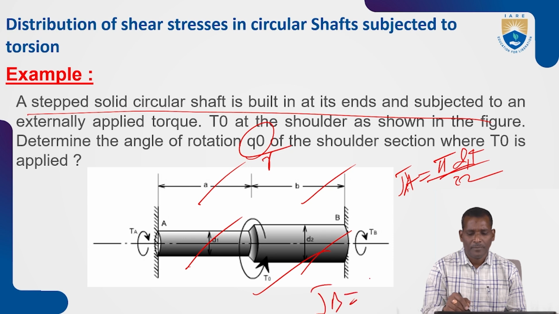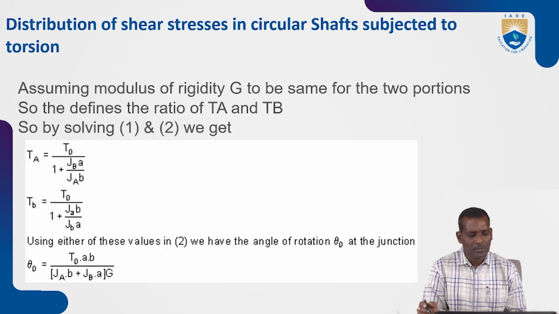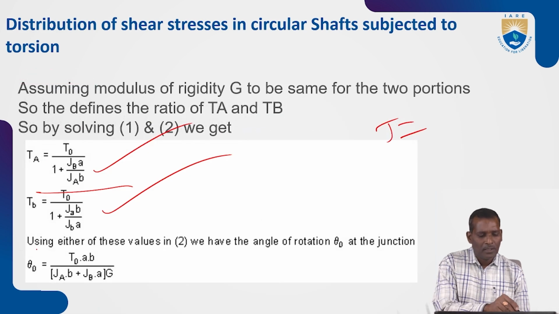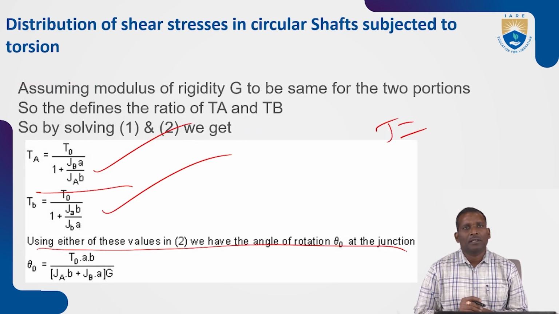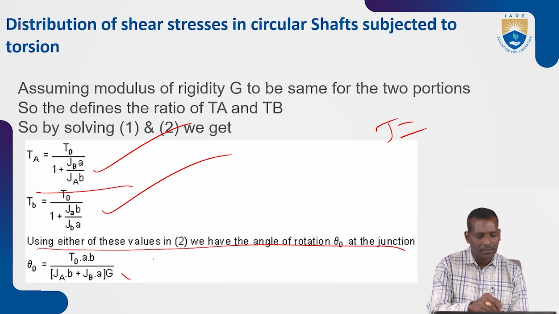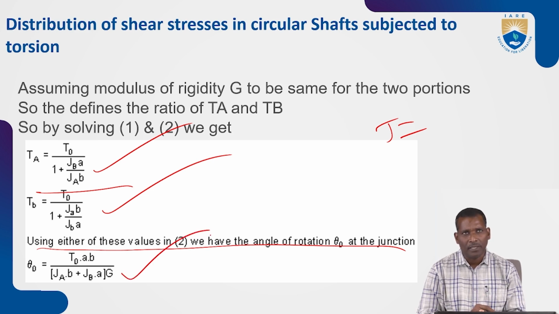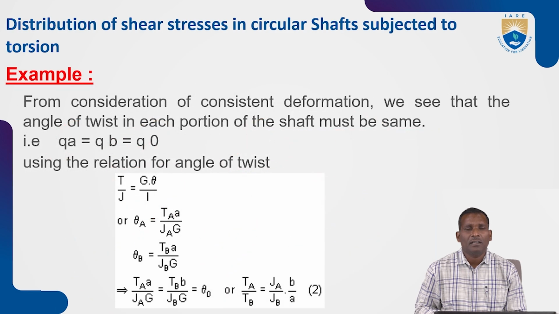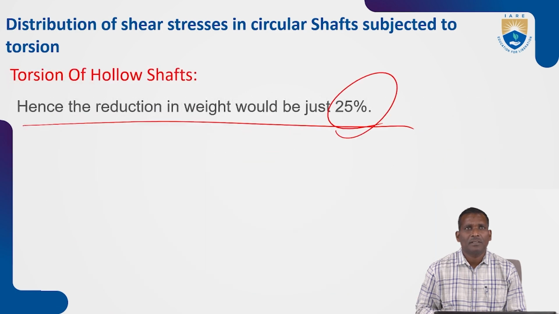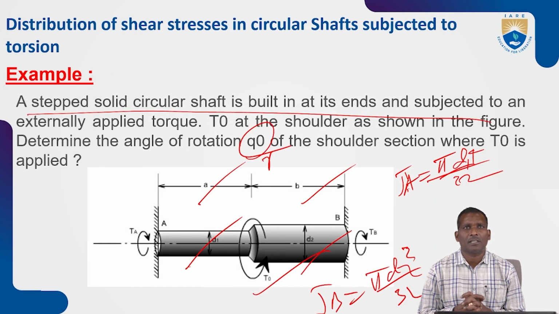Similarly, JB is equal to pi D2 to the 4 by 32. So substitute, and you will get the values. Using either of these values in equation 2, we have the angle of rotation theta naught at the junction. So at the junction, we will get theta naught. Like this, this is how to calculate the angle of twist for a stepped solid circular shaft, whenever there are two diameters.